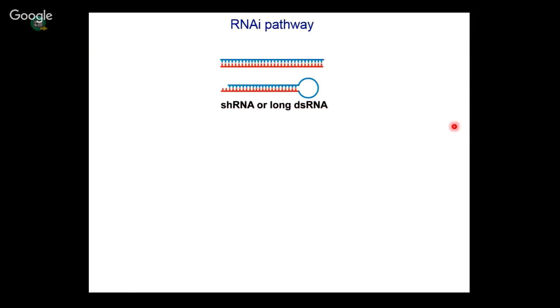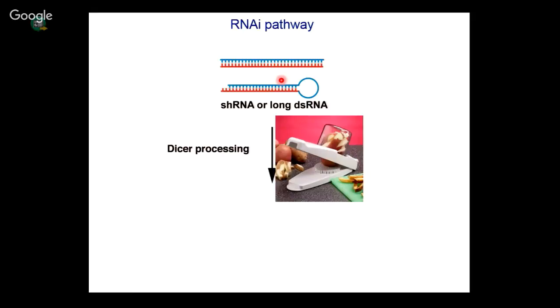In the RNAi pathway, the long double-stranded RNA or short hairpin RNA can be processed by Dicer. Dicer is a double-stranded RNA endonuclease. It will cut the double-stranded RNA into an exact size, like a dicer tool you sometimes use in the kitchen.